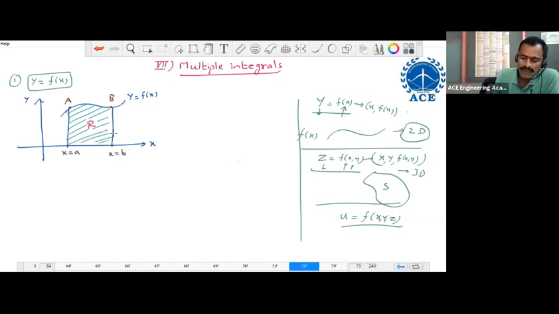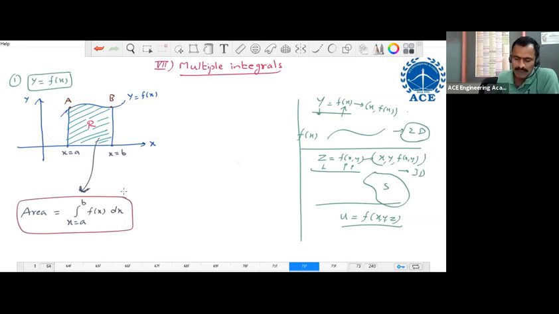The area of this region is given by the single integral from x equal to a to b of f of x dx. The area of the region bounded by the curve, x-axis, and the two lines is given by the single integral from a to b of f of x dx.